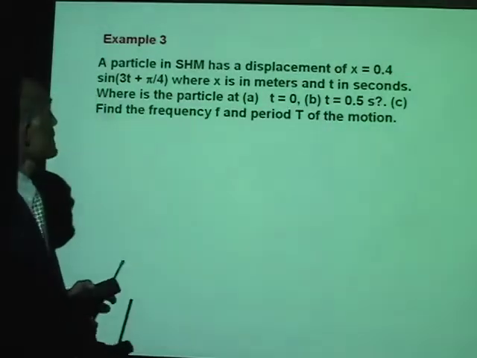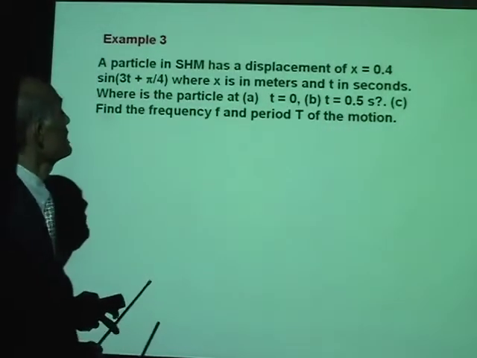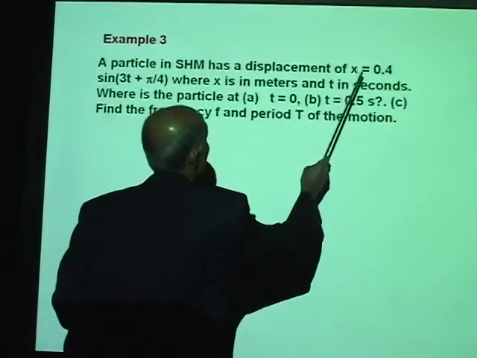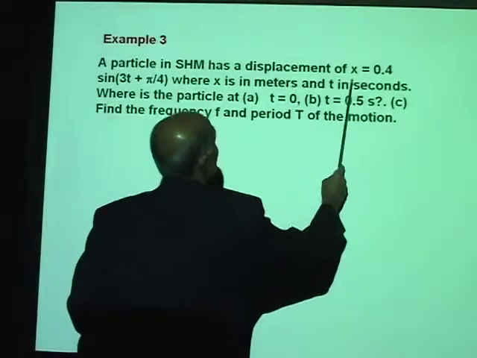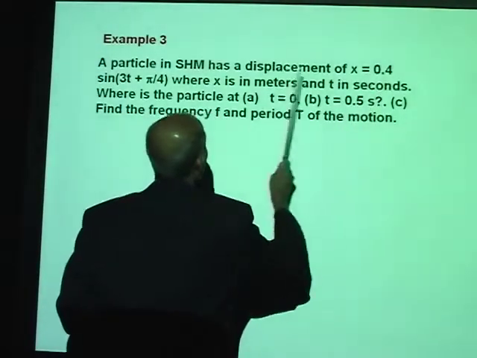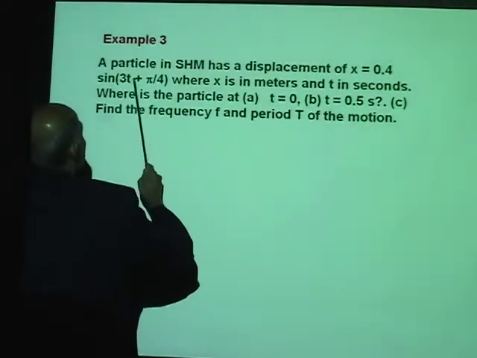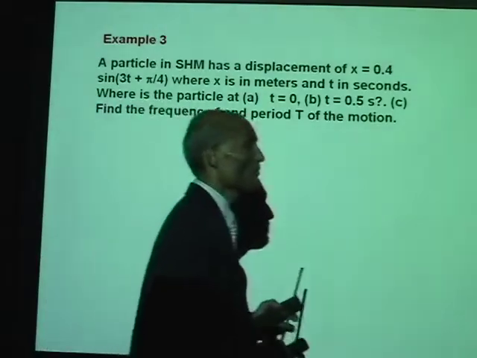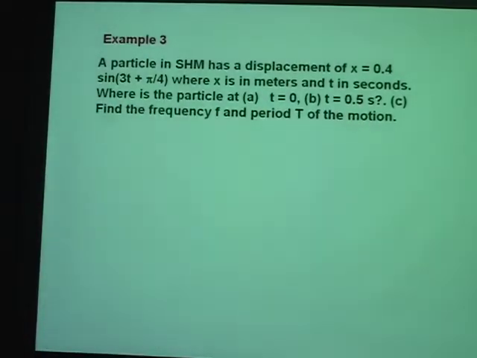A particle in simple harmonic motion has a displacement x equal to, I want you to read this completely, this is cut off from here, x equal to 0.4 sine 3t plus pi by 4. Let me write that down over here.